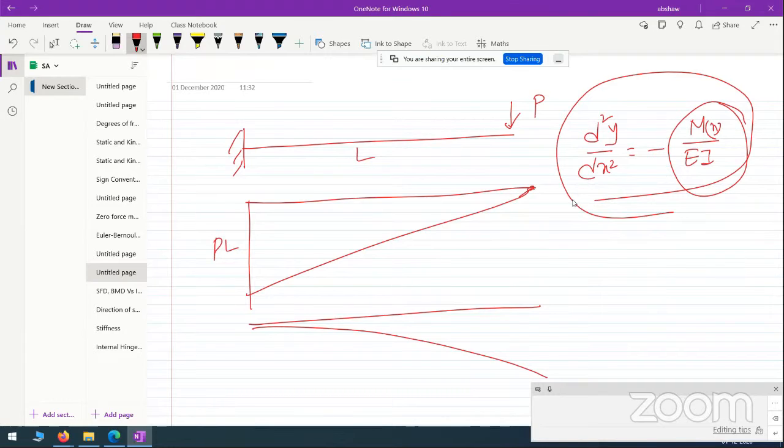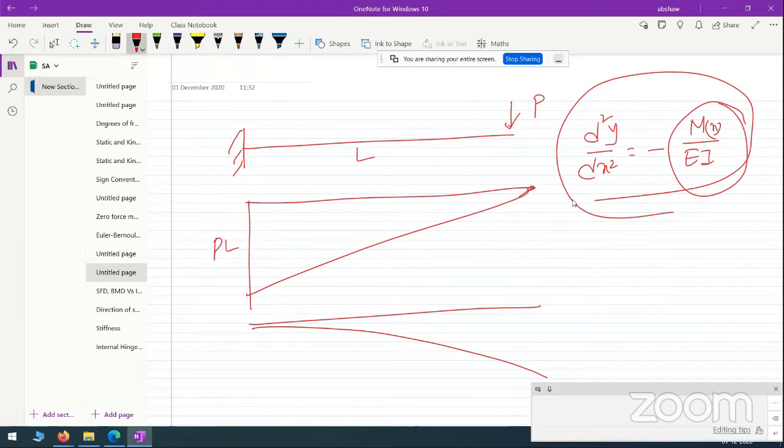But if you go to industry today, those methods are not used for analyzing real life structures. Still we read and study them, because they help us develop the sense of structural analysis.